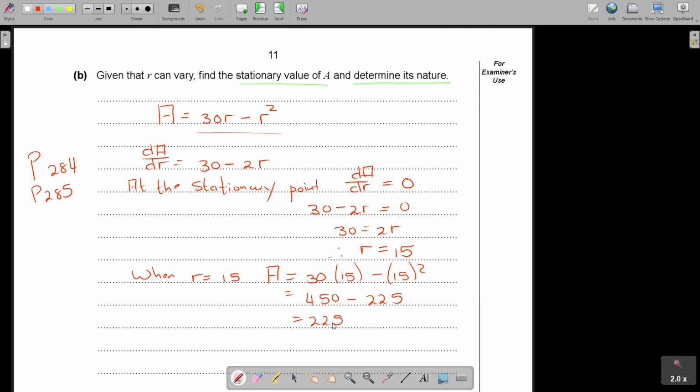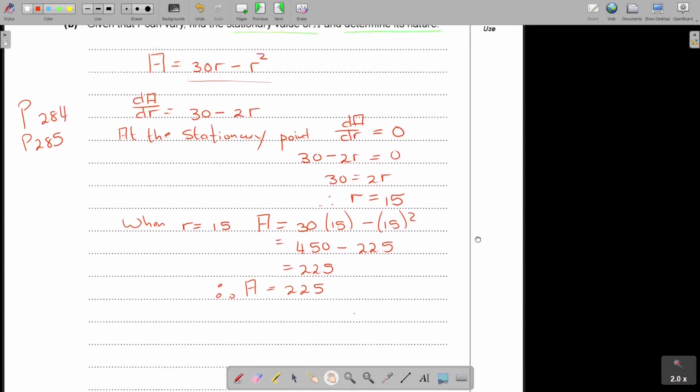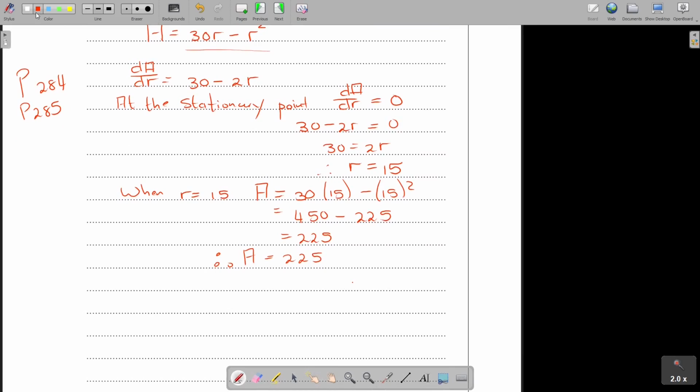So the stationary value of A is equal to 225 unit squared. You can say that given the stationary point, though it's not necessary to write unit squared.